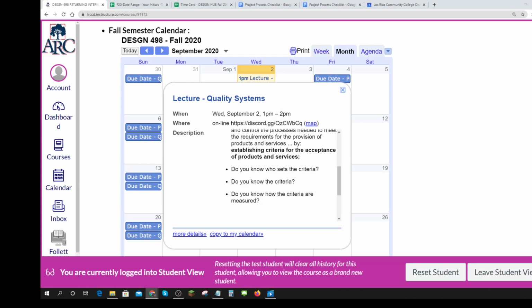So for that particular criteria, you can say, yeah, I know who said it. Randy did. And if you wanted to know how I knew, well, I heard it in a meeting. And you do know what the criteria is. And then, how are we going to measure it? Well, we didn't really state it because it seems pretty obvious.